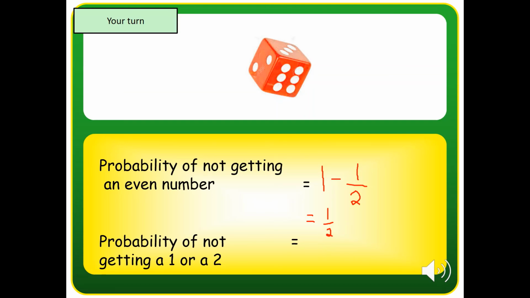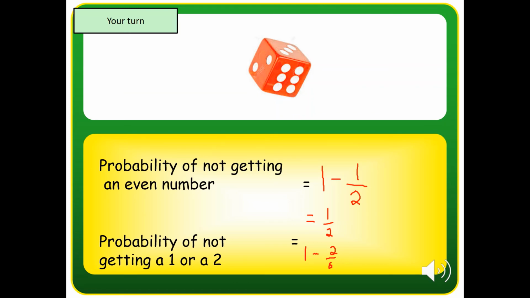Again, the same principle applies here. If we do the total probability of an event occurring, which is 1, and take away the probability of getting a 1 or a 2, that will leave us with the probability of not getting a 1 or a 2. The probability of getting a 1 or a 2 is 2 in 6.